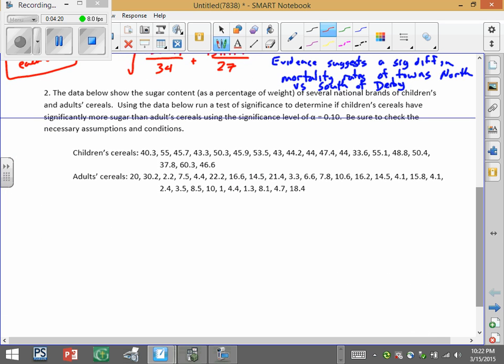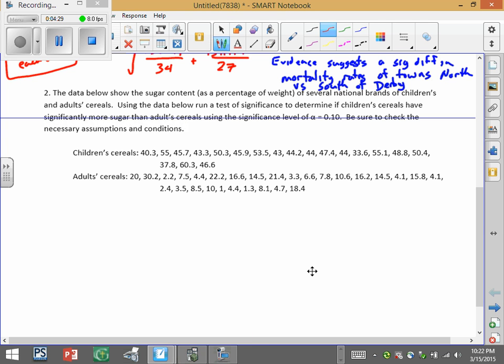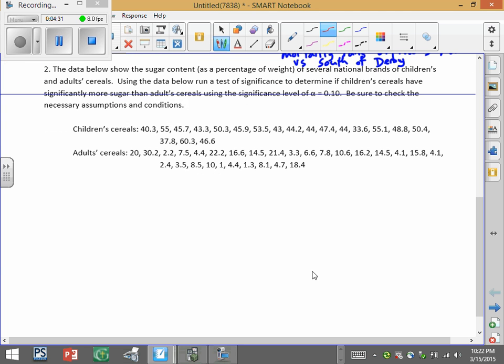Now, number 2, you're going to take a second and put that data into the calculator. Once you've got it in, what you should see in just a minute, but again, we're not given any kind of population standard deviation. So again, we've got a two-sample t-test. And once you've got all that data into the calculator, it'll kick back to you pretty quickly.